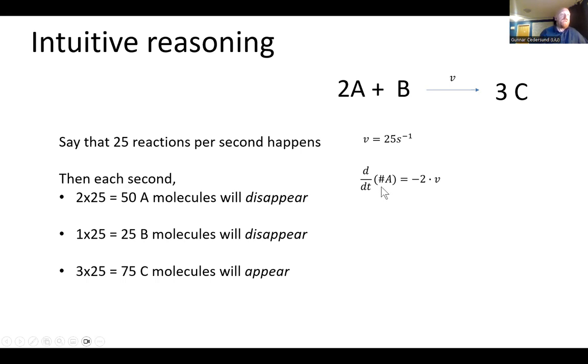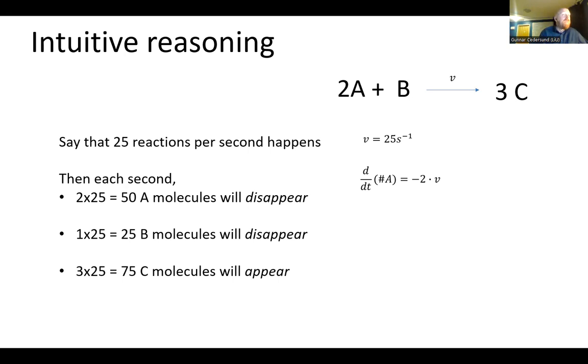So what is the rate of change per time of A? Now it's not A as a chemical name, but a quantified value of A. It can be either the amount or the concentration. Since we have reactions given in number of reactions, it's easiest to count A also in number of A molecules.